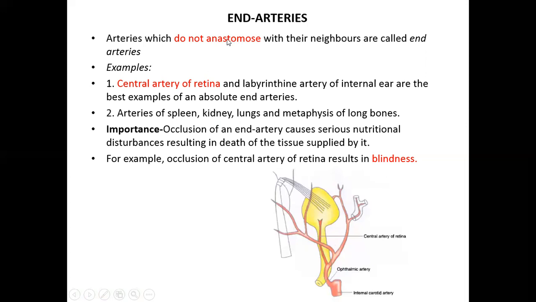So anastomosis has its own advantages, because if one artery is blocked, the other artery can bring the blood to that area. But in these types of arteries where there is no anastomosis, a block to these arteries will be fatal.